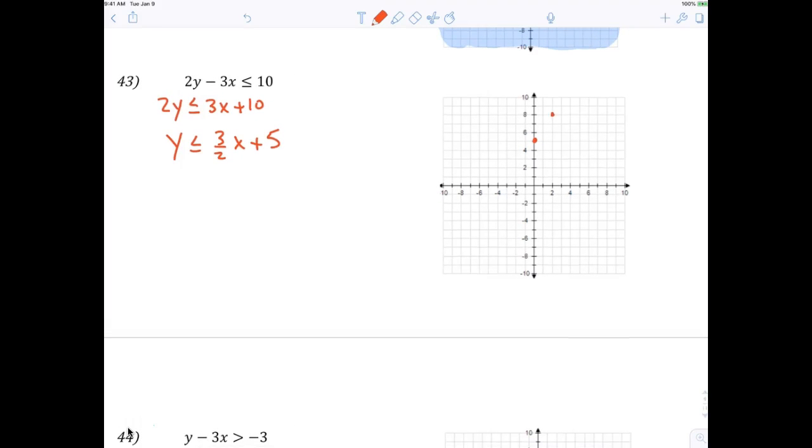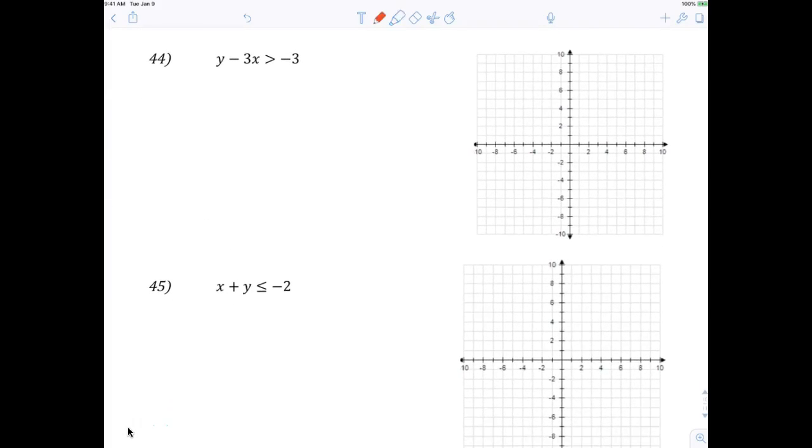What kind of line? Solid line. And now we are shading which direction? Less than is low. Right? We agreeing? Less than, shading below. All right, please double check. Make sure you're on the right track.